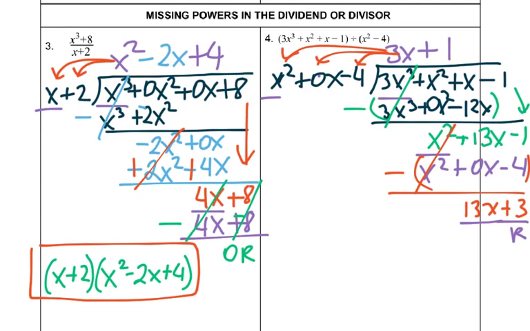So my answer, since I have a remainder of 13x plus 3, is going to be 3x plus 1, and you have to add the remainder over the divisor.